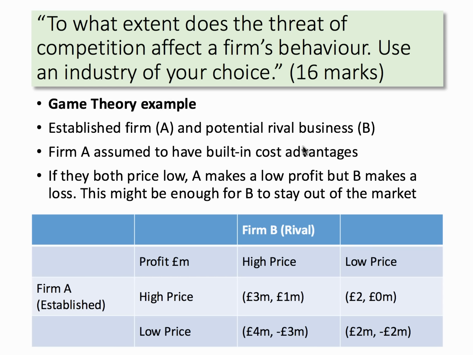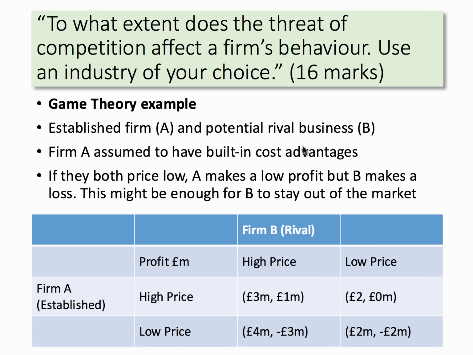Okay? You could use a little bit of game theory, though it's not asked for in the question. So with game theory, you could take two firms, an established firm, Firm A, and a potential rival coming into the market, Firm B. I'm going to assume that Firm A has significant cost advantages. And this little matrix table is showing the potential profit from different situations if Firm B comes into the market.